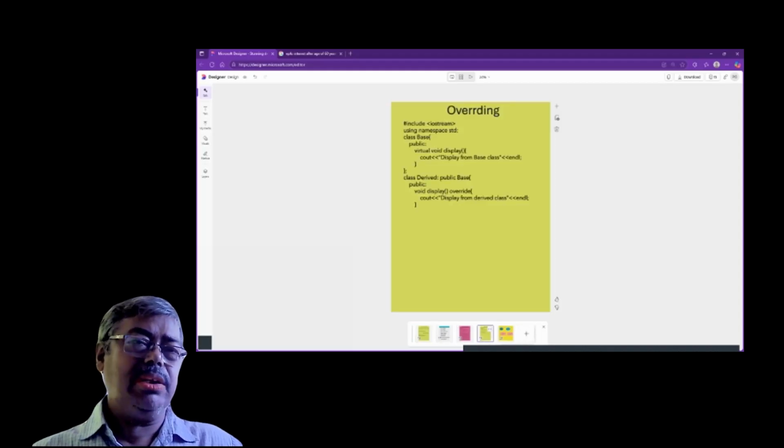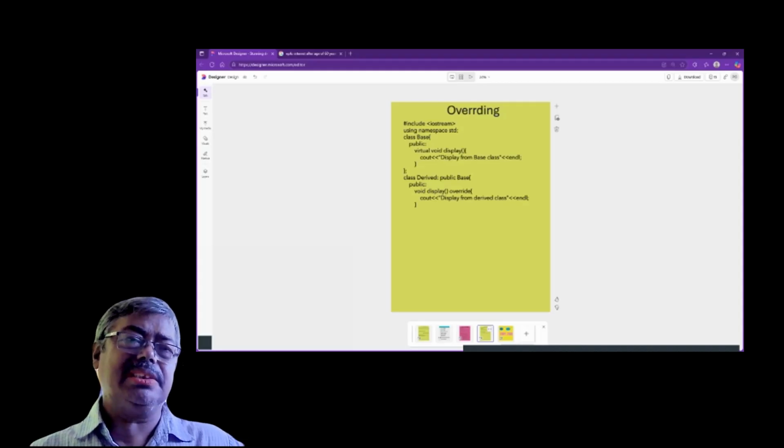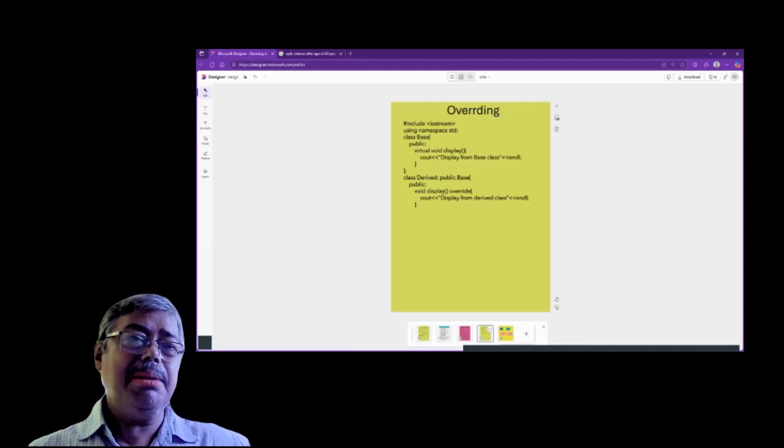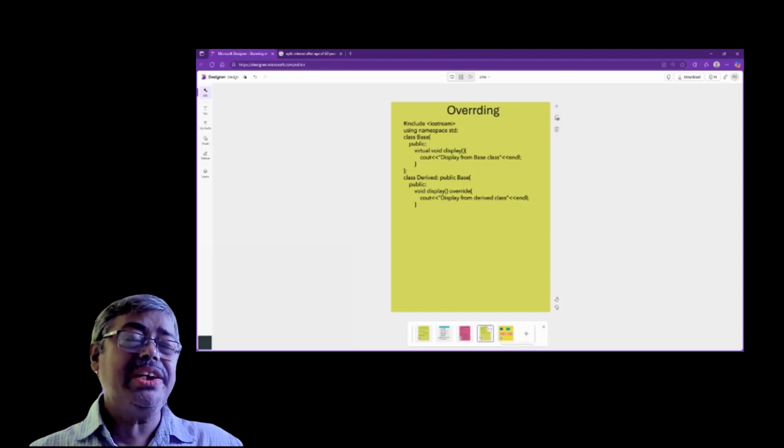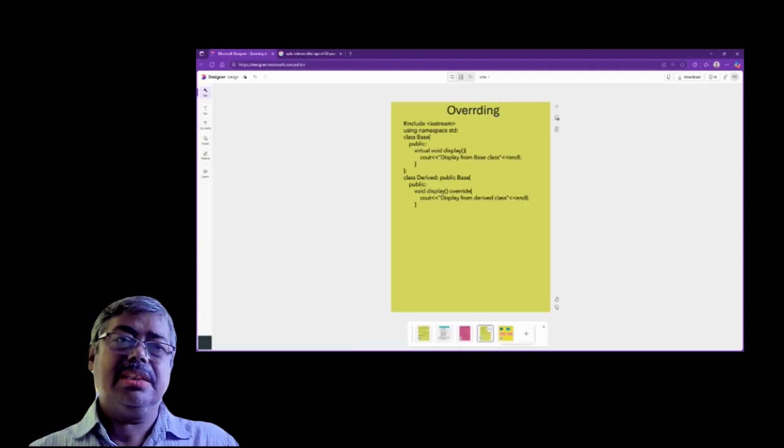Overriding is also similar, but there are some differences. Two functions have the same name, but the content is different. The arguments are not different, but the content is: the first is displaying in the base class, the second is displaying something else in the derived class, and the change is there.